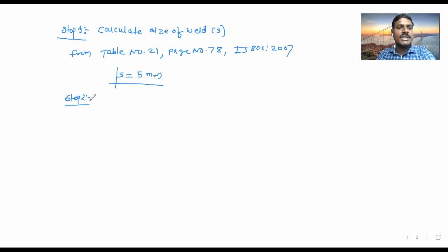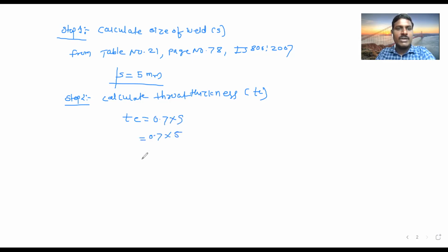Then step number 2: calculate throat thickness. T is equal to 0.7 into S. We have already calculated S, so T is 0.7 into 5, which is 3.5 mm.